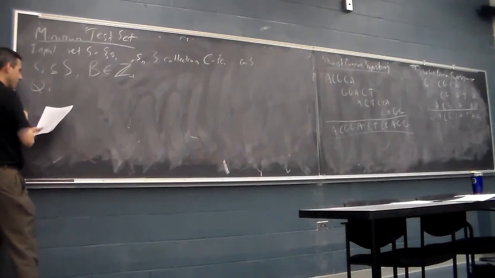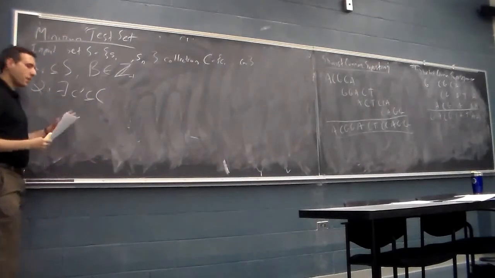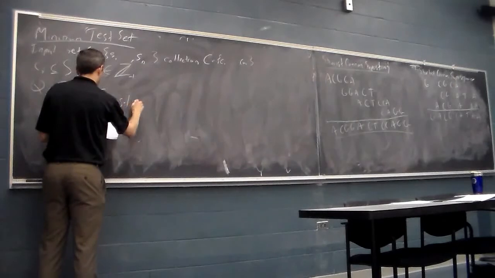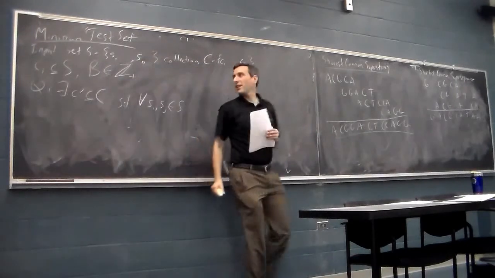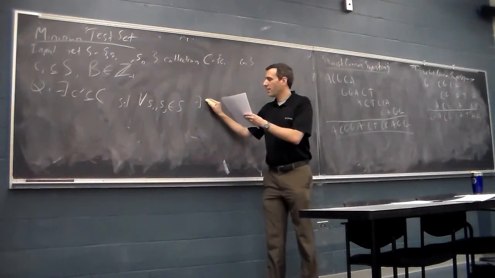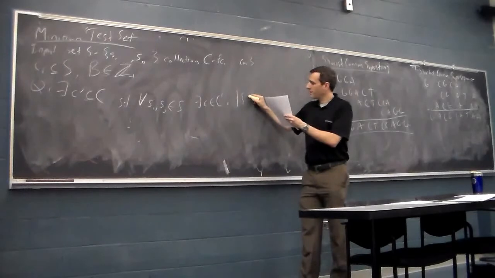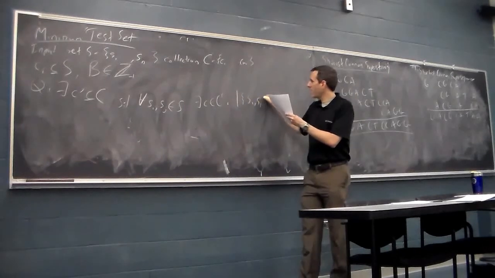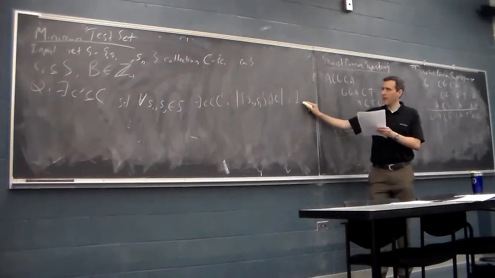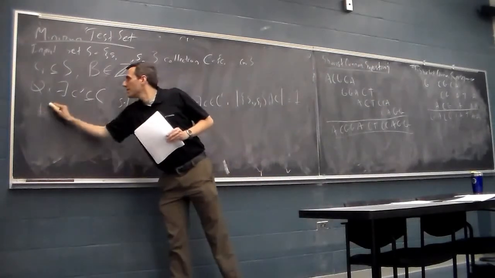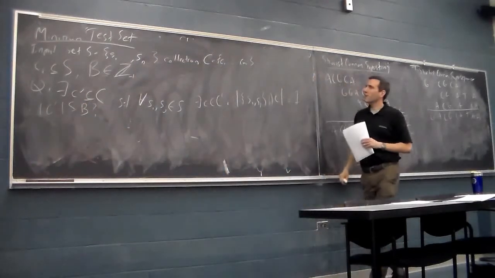And the question we'll want to ask here is the following. Does there exist a C prime subset of C, so a subset of the collection, such that for all Si and Sj in S, so for any pair of elements in our original set S, there exists a C in C prime such that the set {Si, Sj} intersected with the set C has size 1, and such that the size of C prime is less than or equal to P. That's a confusing way of stating things.